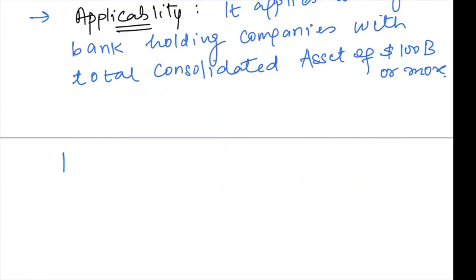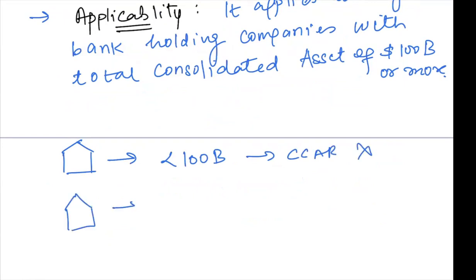So let's say there's a bank, right? And if the total consolidated asset is, let's say, less than $100 billion, then CCAR won't apply to that. But if there's a bank which has total consolidated asset of $100 billion, then definitely CCAR will be applied to that.